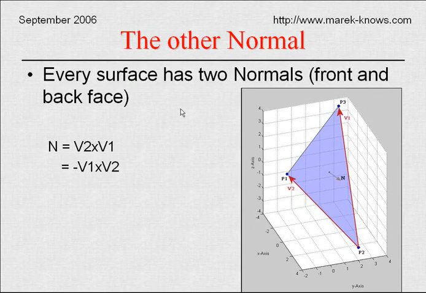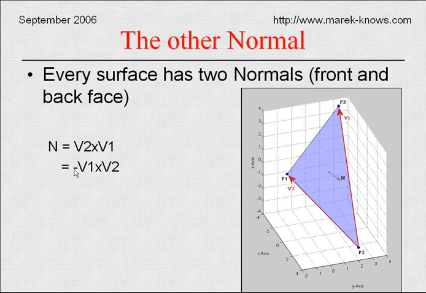Now remember, there's 2 normals to a face. The first normal we calculated was coming out of the face. The other normal goes into the face on the back side. And you can calculate it by taking v2, crossing it with v1. Or you can take the minus of v1 cross v2. So notice that v1 cross v2 is not equal to v2 cross v1.